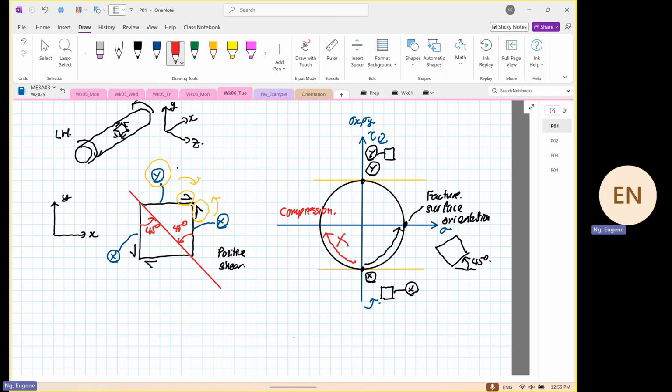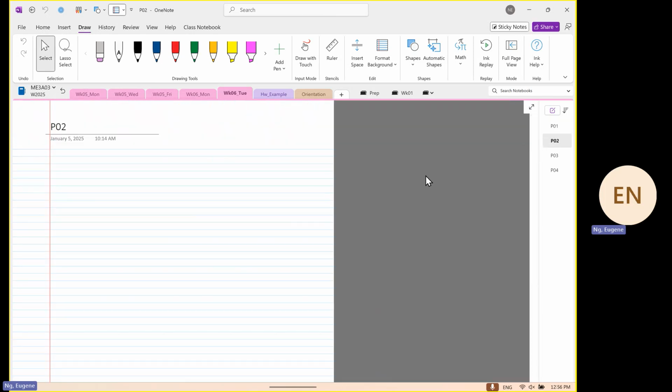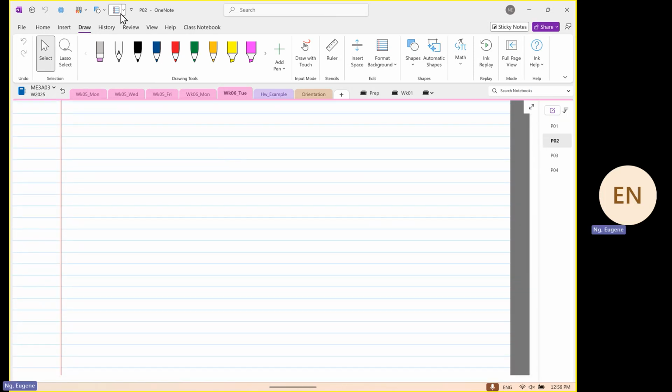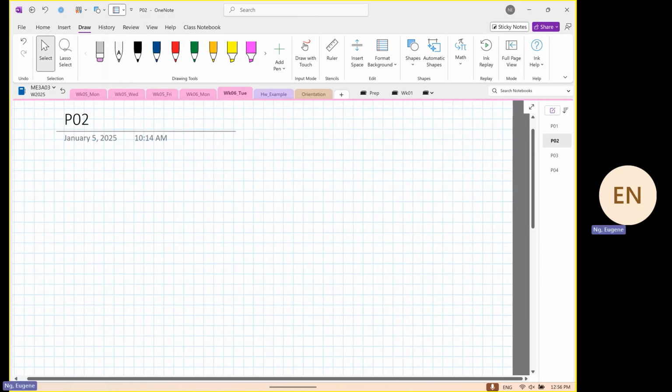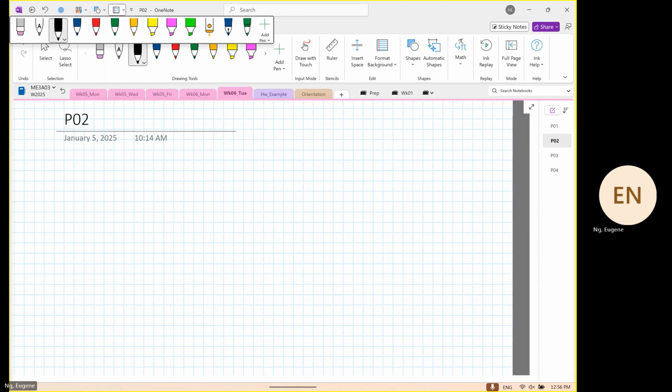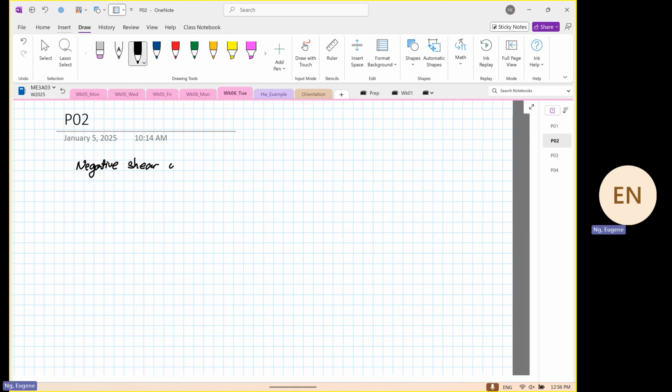The next one, it's up to you whether you want to do it or not to seal your understanding. The test that we are going to do is under negative shear configuration.